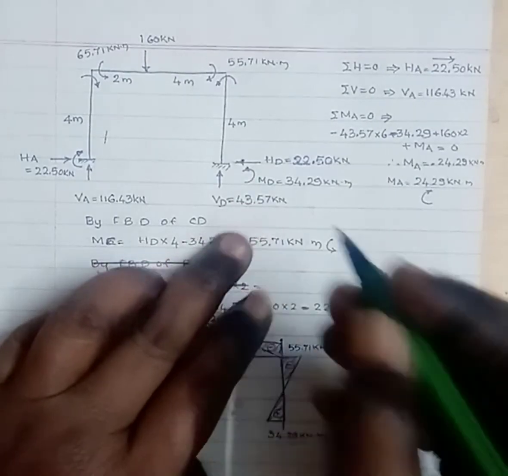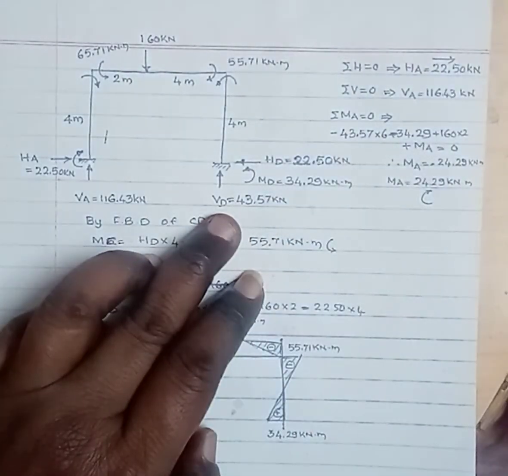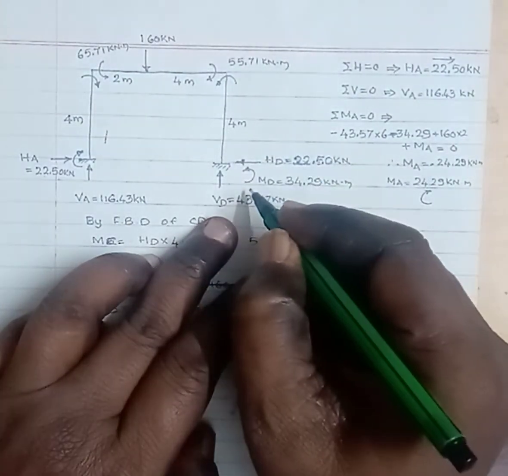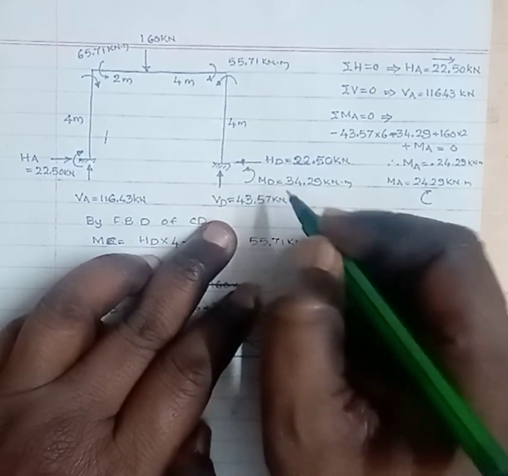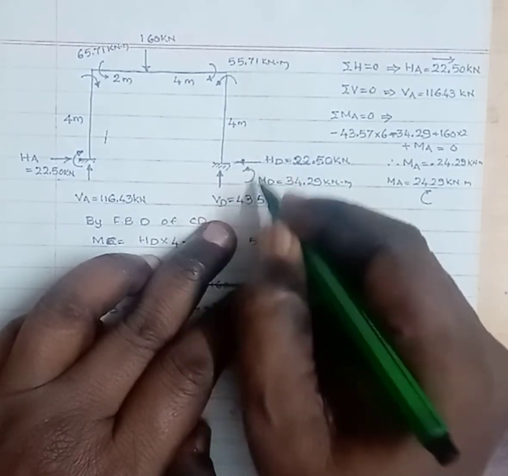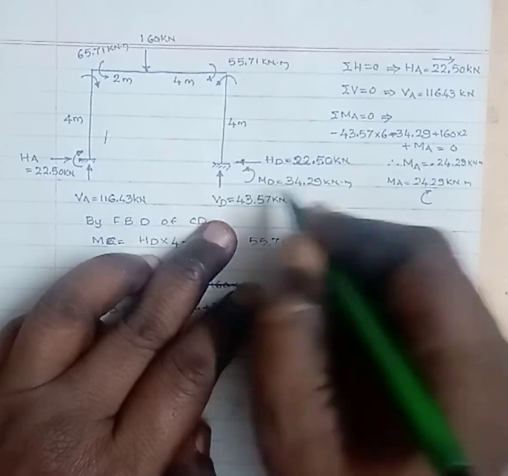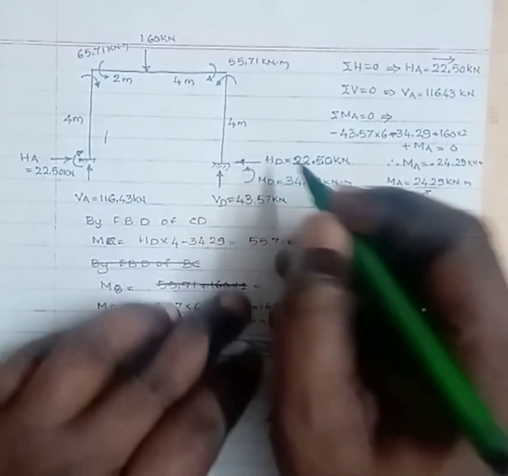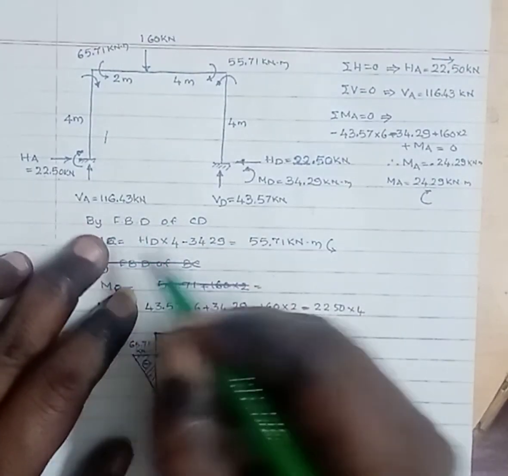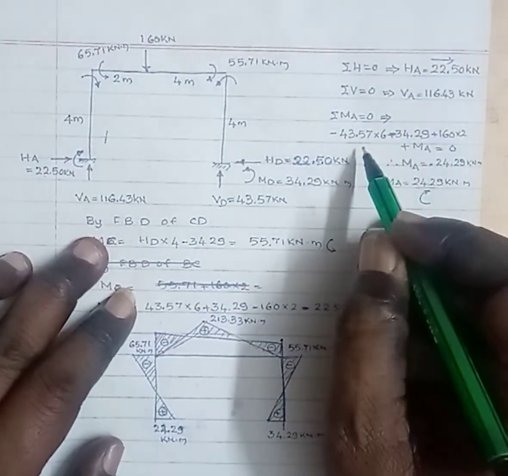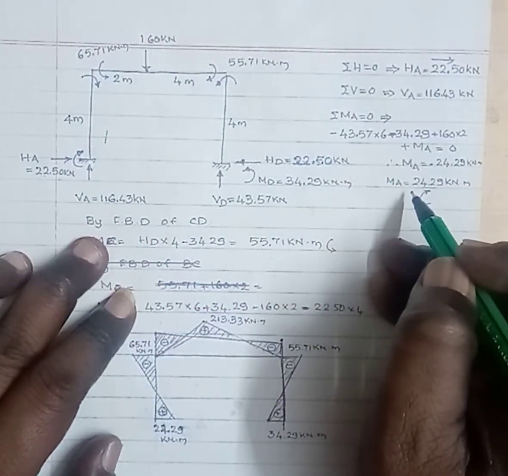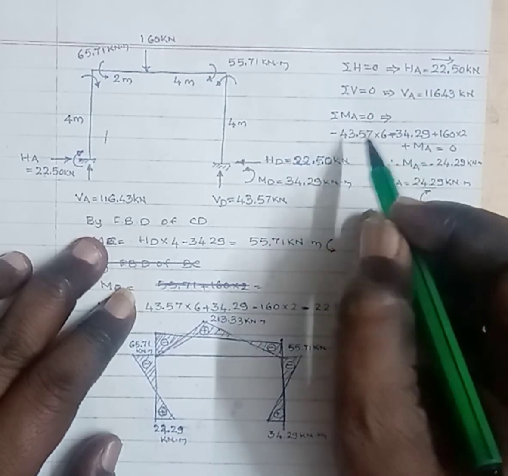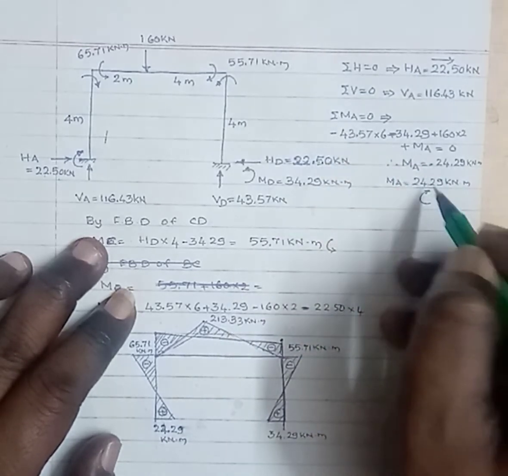Then here we have got the moment at D. Here we have got the negative sign, since we have considered this in the clockwise direction, but we have got a negative answer, so that is anti-clockwise. By taking the moments of these forces about A, summation of MA equals 0.